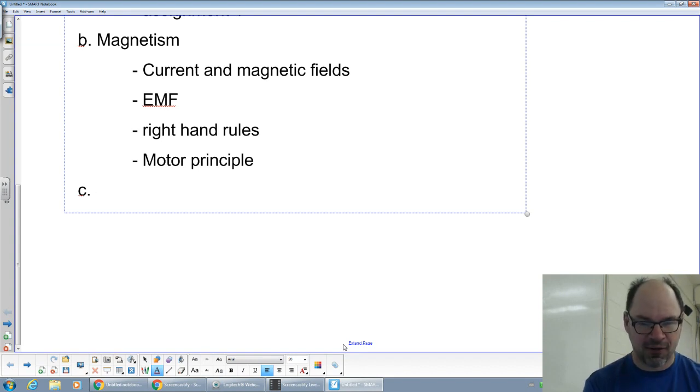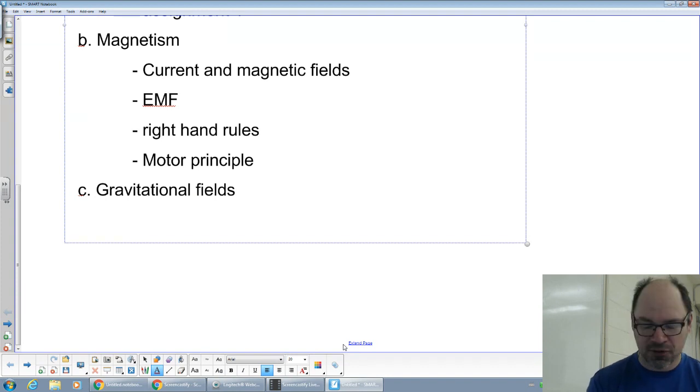We'll stick it at the end. I think we kind of look at gravitational fields and electric fields. We'll put that assignment together if I remember how I did it last year. So this will be the third part of fields, gravitational fields, and we look at Newton's law.